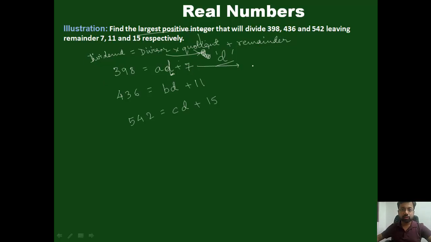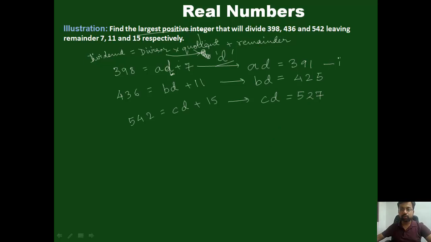Now using these three equations, what do you get? From this we know that a into d will be 398 minus 7, which is 391. And from this we get b into d is equal to 436 minus 11, so 11 goes to the other side and it will be 425. And from this, you have c into d is equal to 542 minus 15, which is 527.